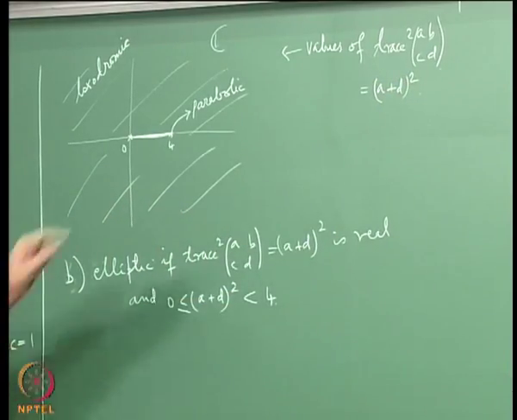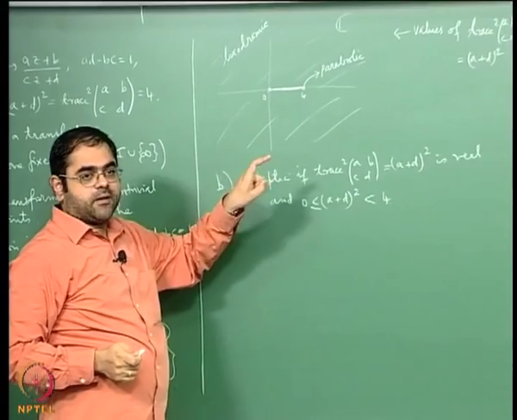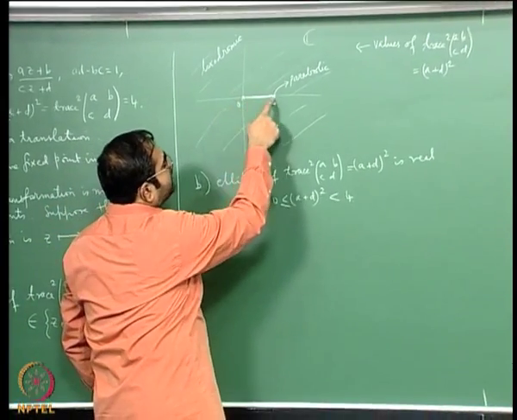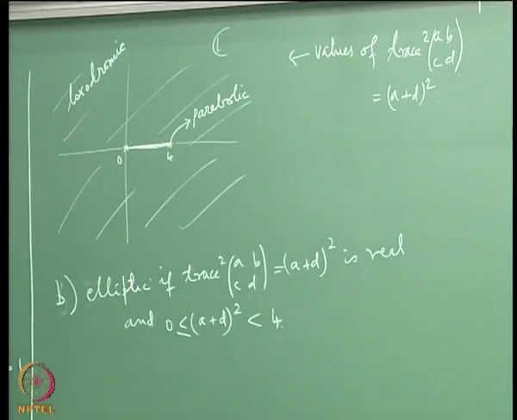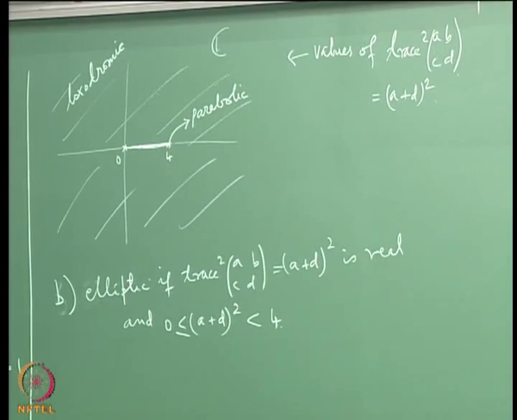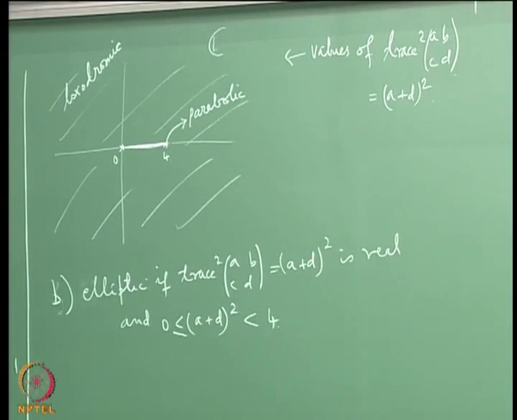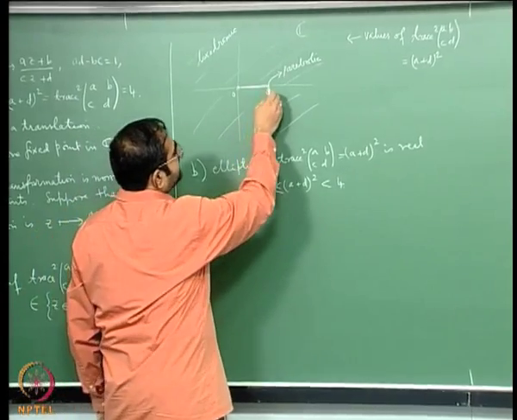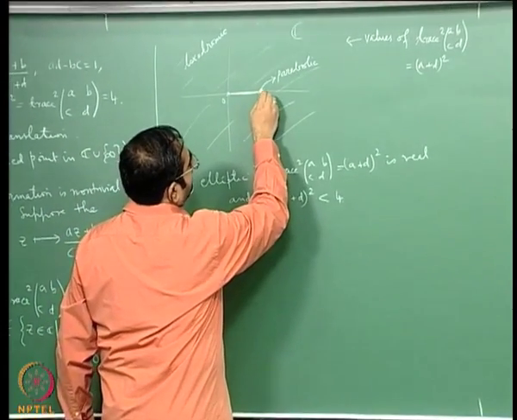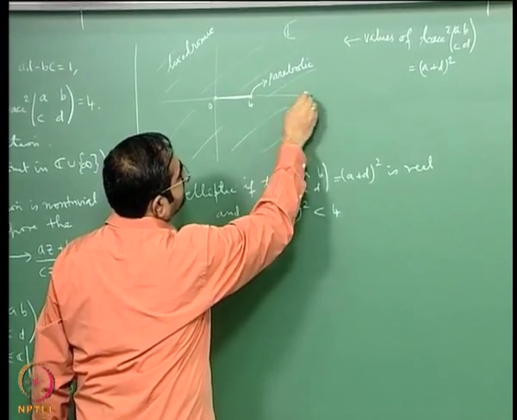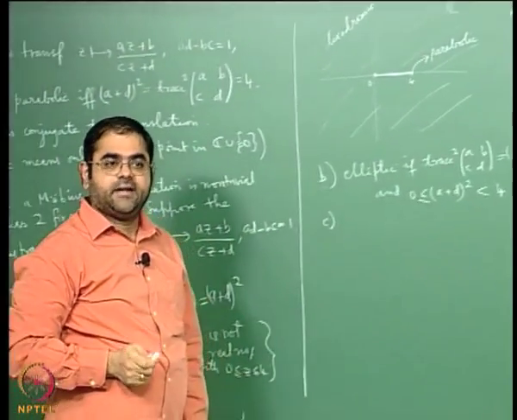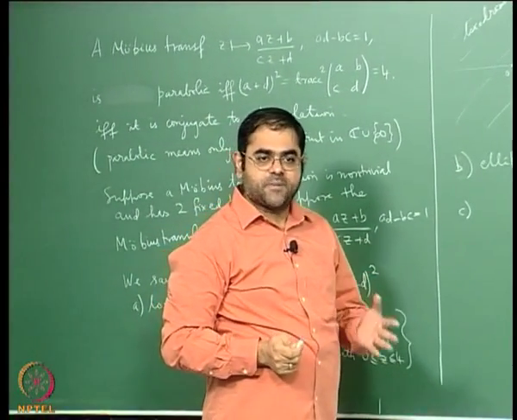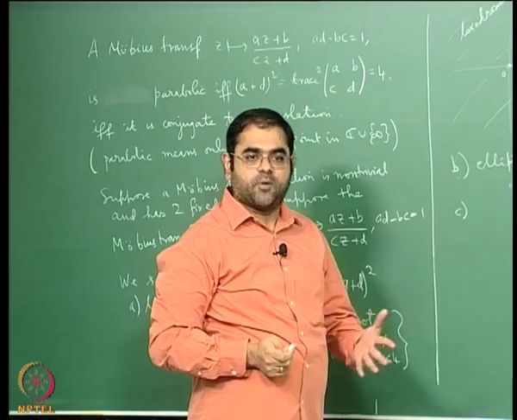So when it is 4 it is parabolic, if it is from 0 to 4 but not equal to 4 then it is called elliptic. And of course if it is real and its value is greater than 4, then it is loxodromic, but it is given a special name, it is called hyperbolic.